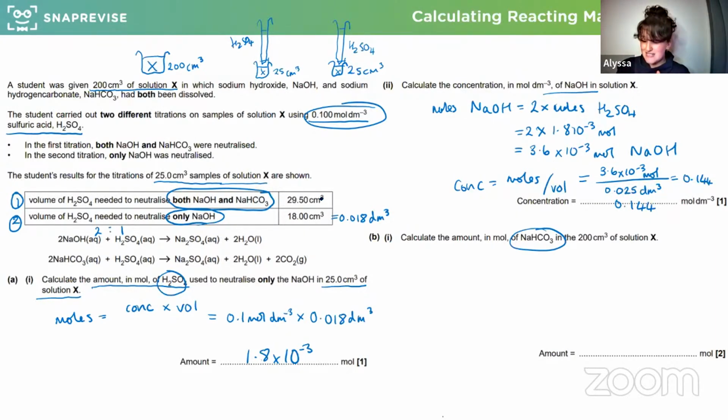So the first 18 centimeters cubed of our 29.5 centimeters cubed will be just neutralizing the sodium hydroxide, and then the rest of it will be what neutralizes the sodium hydrogen carbonate. So what is that? 29.5 minus 18 is 11.5. So 11.5 centimeters cubed of H2SO4 is what neutralizes the sodium hydrogen carbonate.